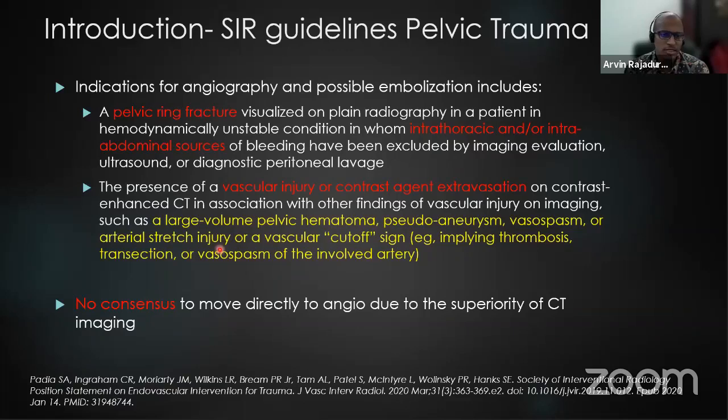So you can see these different types of appearances. But currently in the SIR guideline, there's no consensus for you to move directly to angio, and there's no superiority of CT imaging. So CT imaging is still the first line when we want to image a patient in trauma before going to the angio suite. So we don't push to the angio suite straight away.